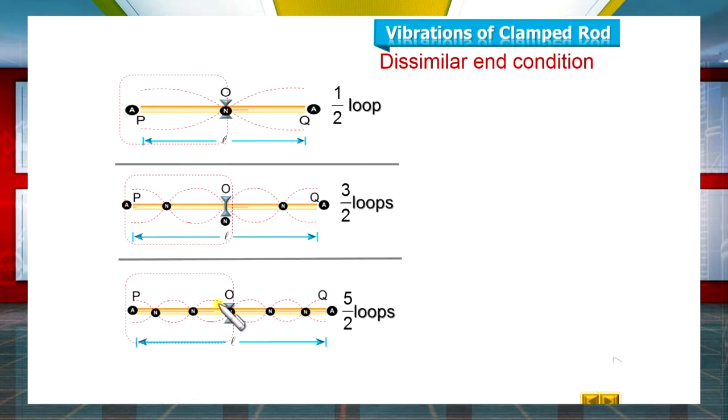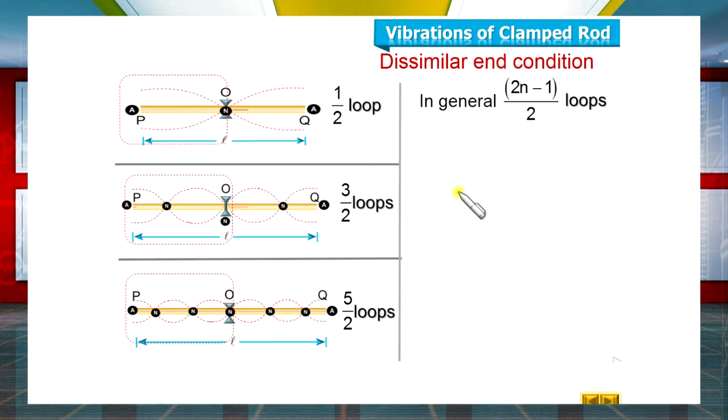It means if we have the dissimilar end condition, we can generalize the case. We can say that in this type of situation, a dissimilar end condition either on this side or this side, we have an odd number divided by 2 loops. Or in general we can say we will have (2n-1)/2 loops, right? And we know the length of one loop is λ/2.